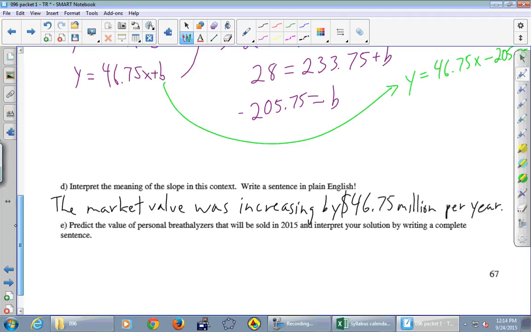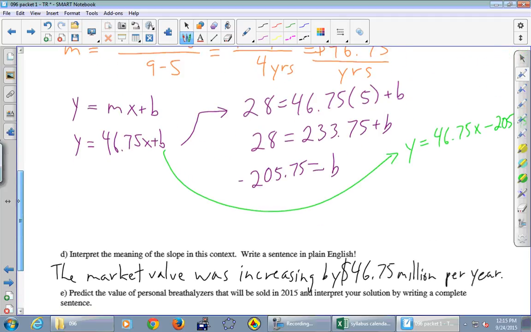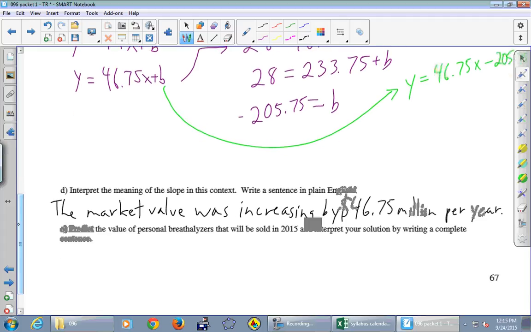What number are we plugging in? Just plain 15 because we started the clock at 2000. So all we're doing is using that green equation right there, but we're changing the x, the input value, to 15. So we'll try that. Y equals 46.75 times 15 minus 205.75.